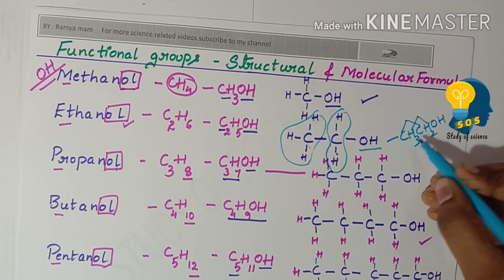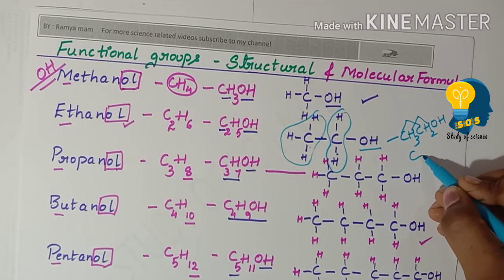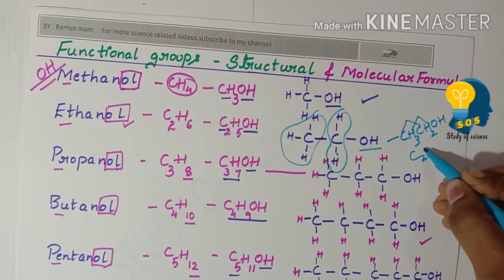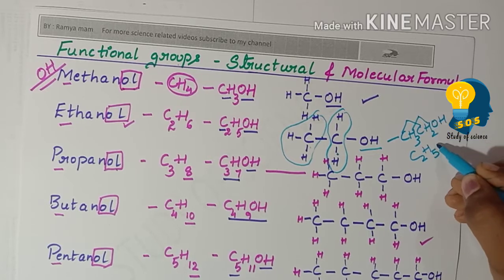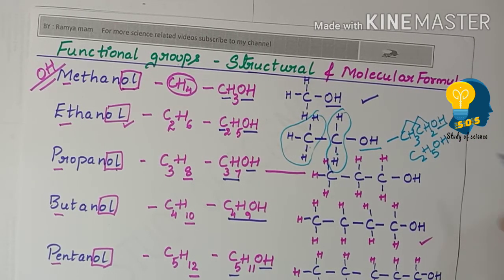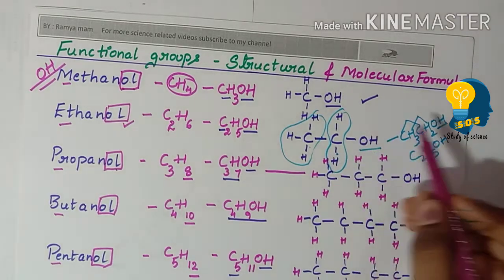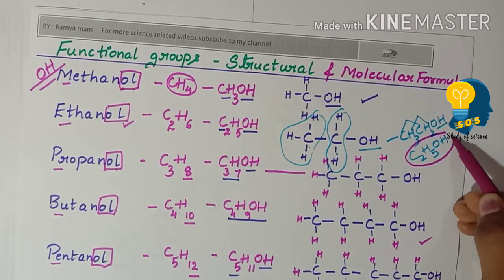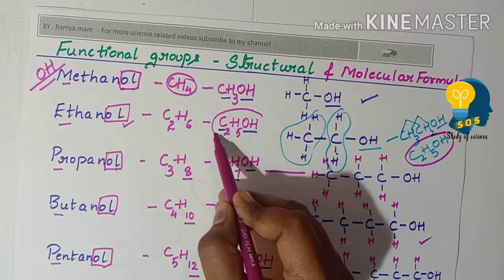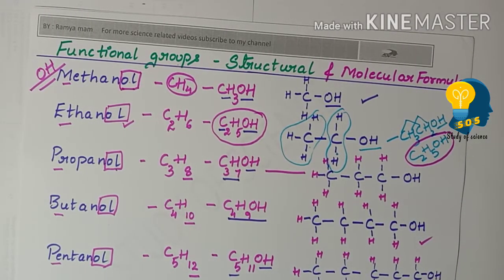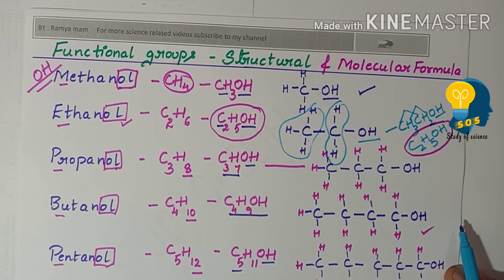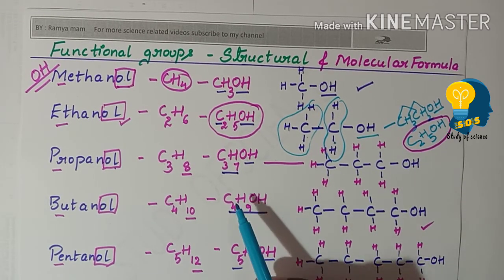Now you can add the number of carbon atoms as well as the number of hydrogen atoms. C1 and C1, that is 1 plus 1, it is C2. H3 plus 2 is 5. C2H5. And as I told you, don't disturb the functional group, write it as it is. Observe here, the formula which we have got is C2H5OH, and here also it is C2H5OH. If in examination they give the structural formula and ask you to write the molecular formula, use this very simple trick.